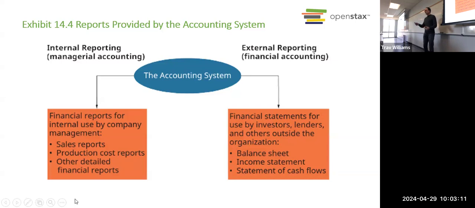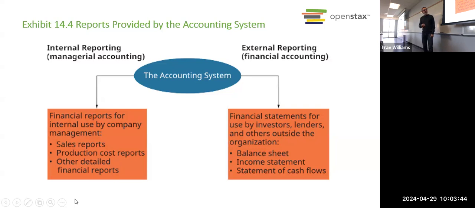If they want to know how much in sales they have, what are their production costs, or anything else, and they want it for last month, or they want it for the last 3 years, whatever they want. In managerial accounting, you give them that information. Right? There are some standards for how you do that, but nobody can police your managerial accounting.